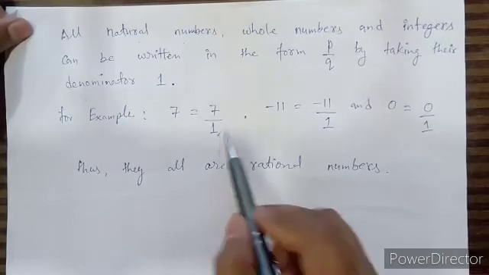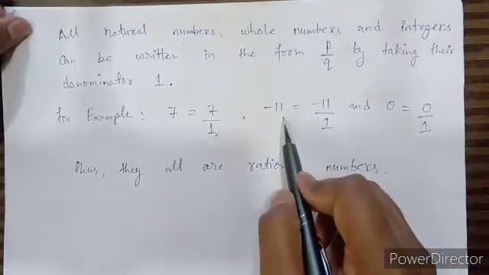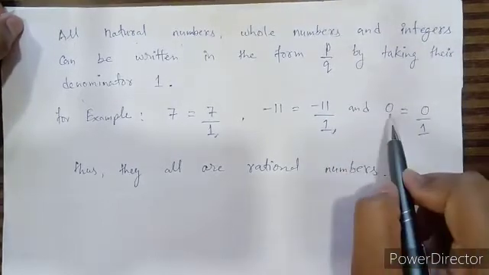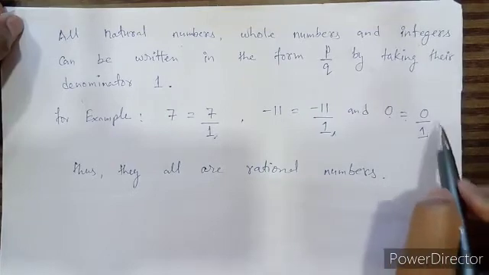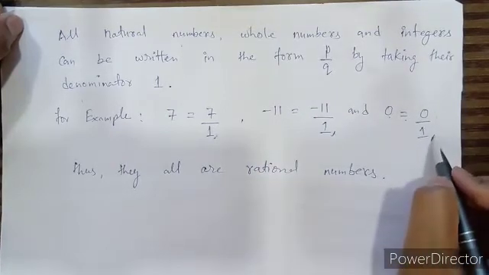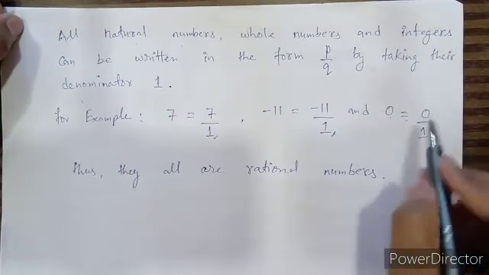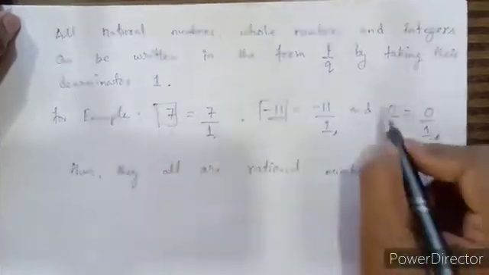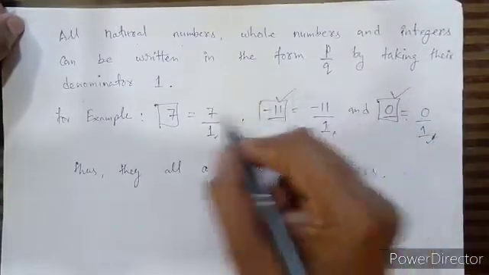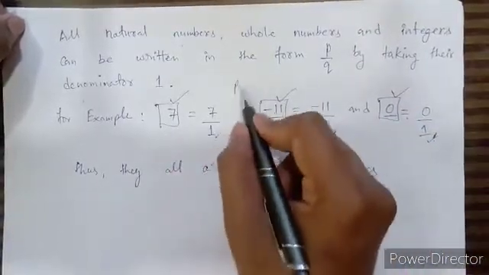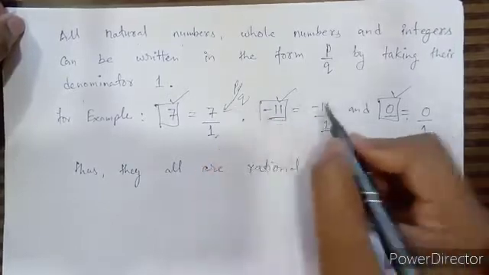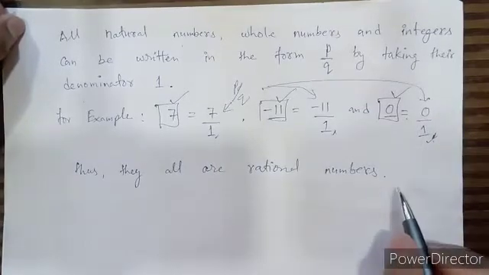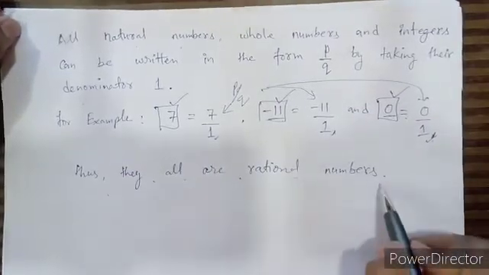Here the denominator is 1 in each case. So all the integers can be written in the form of p by q. Thus, they are all rational numbers.